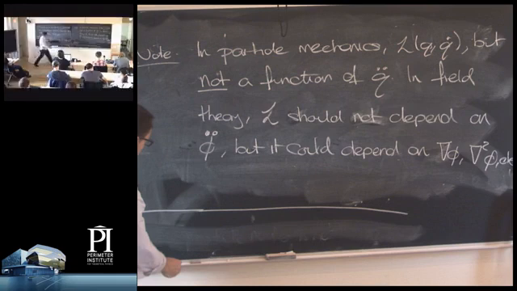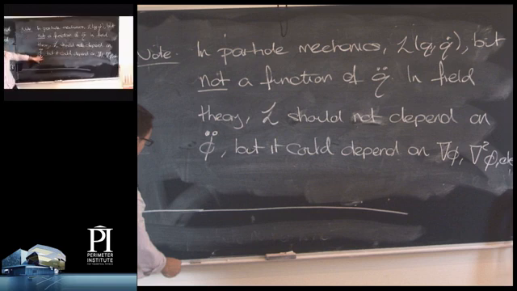Okay, so you see that as I've set this up, there's really still a difference between the way that phi depends on space and the way that phi depends on time. Space is just a label, and what we're interested in is how a given field configuration at a fixed time evolves to a field configuration at a later time. Now, for the same reasons as in particle mechanics, the Lagrangian shouldn't depend on the acceleration of phi. It shouldn't depend on phi double dot.